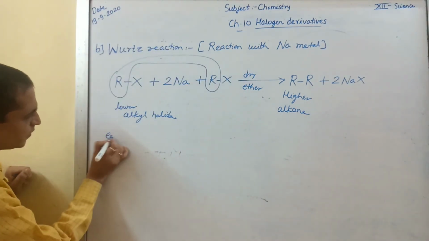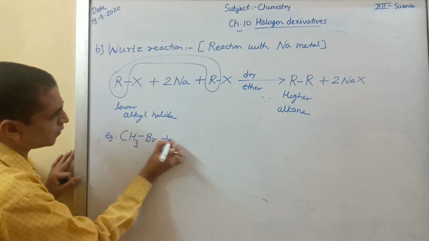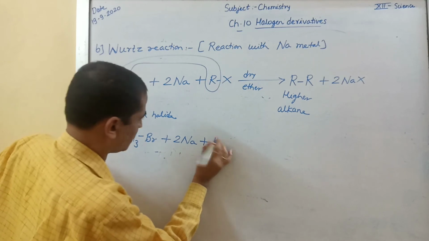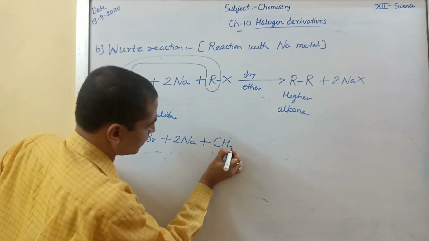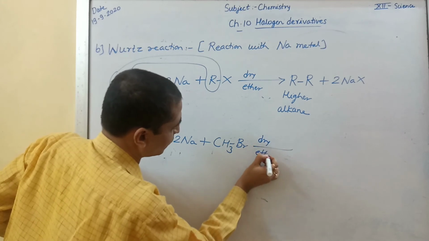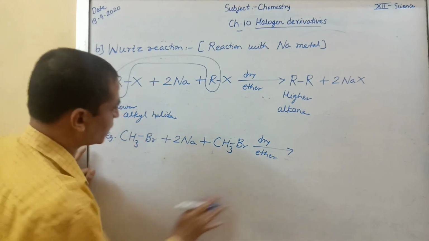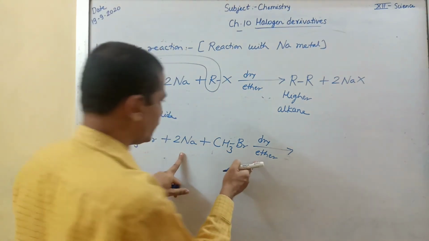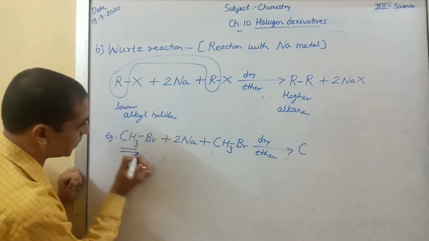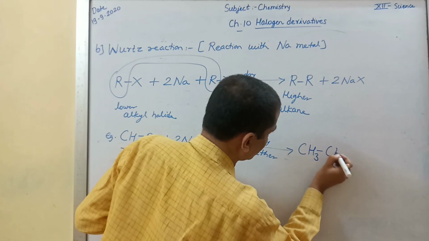See the example. If you put CH3Br plus 2 sodium plus CH3Br. Here again we require dry condition because sodium is very reactive towards moisture. So we must use dry ether. Again here what happens? See, methyl combined with this methyl group. So we get CH3-CH3.